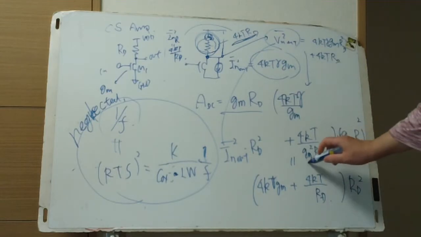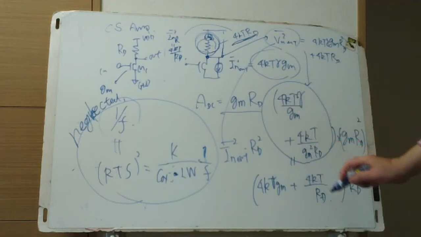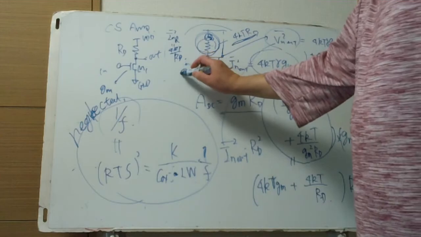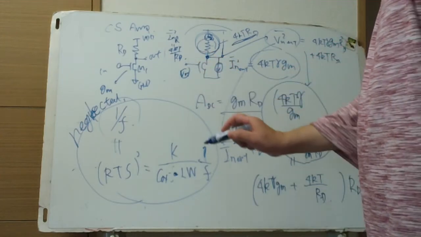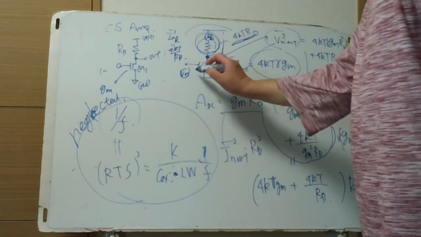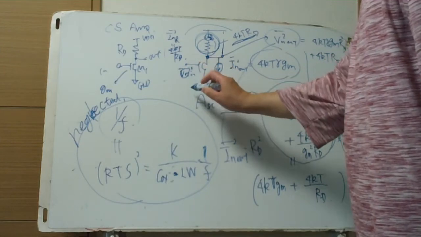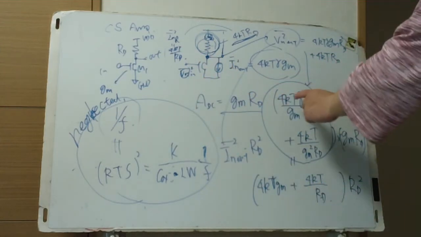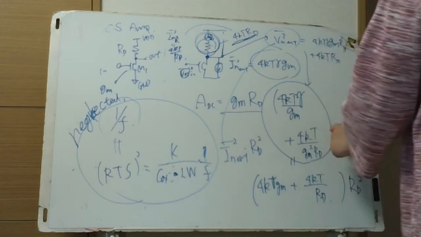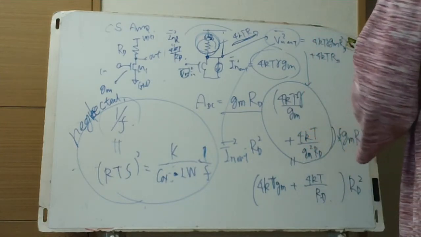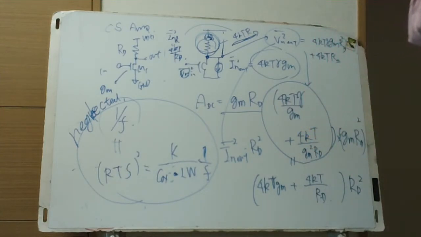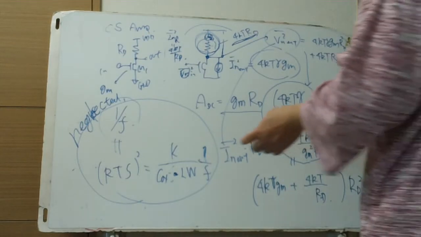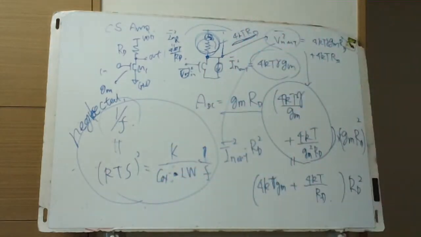We get the input referred noise of this amp. Input referred Vn in squared bar equals 4kT gamma over gm plus 4kT over gm squared RD, of course neglecting this flicker noise.